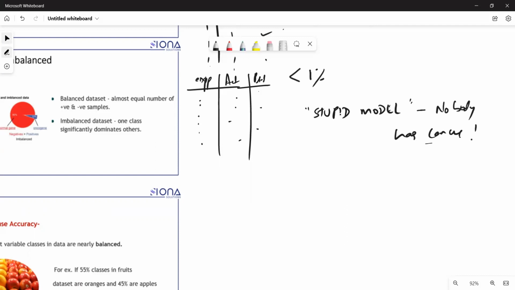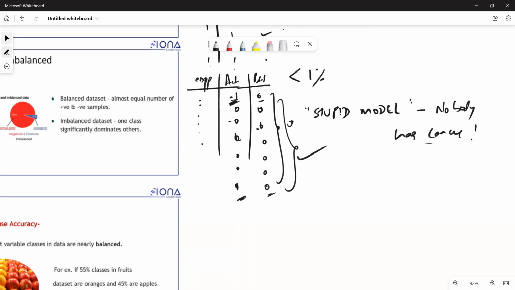So when I actually have an output with respect to actual and predicted, my stupid model is giving an output of 0 for everything, whereas in actual there are few places where people have cancer. So effectively I am wrong in only a few places and correct everywhere. So I can say that still 99% my model is accurate.